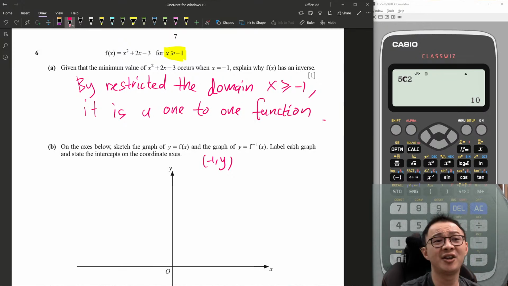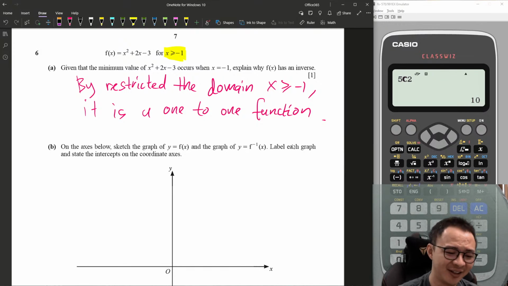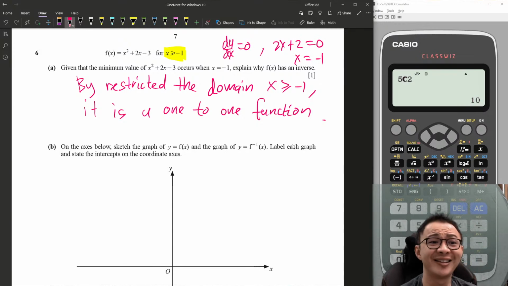You can use any of your own words to write it. Okay, you should be fine. And if you want to know, are you sure -1 is the minimum value or not? You can do it easily by dy dx equals 0. That means 2x plus 2 equals 0. x is -1. So yes, -1 is the minimum x value.